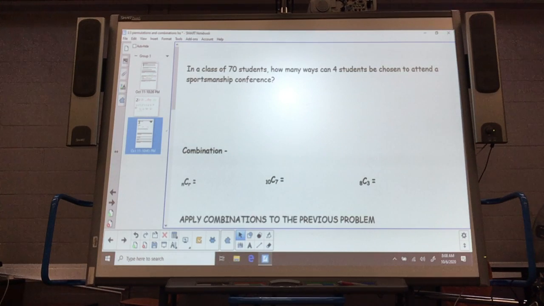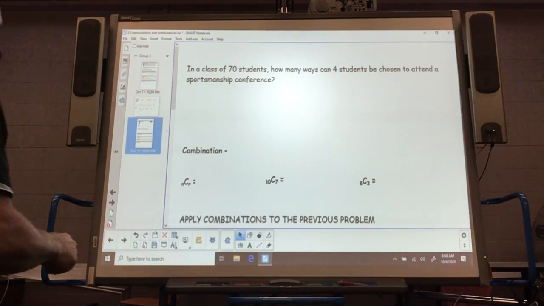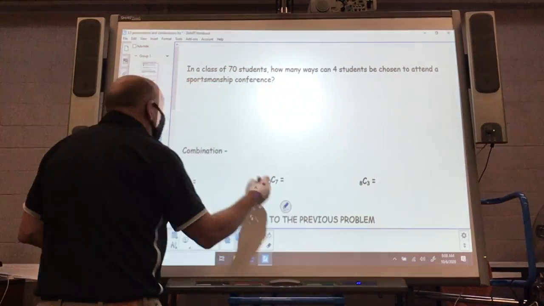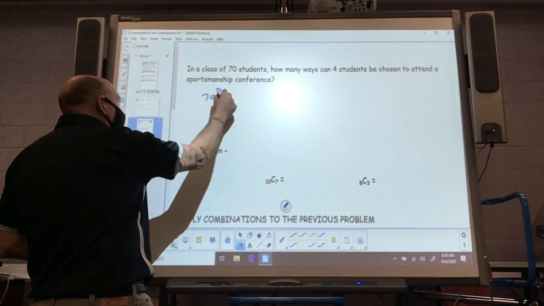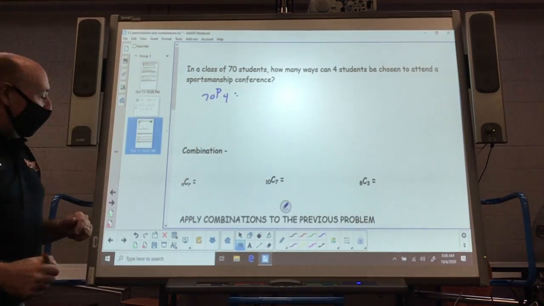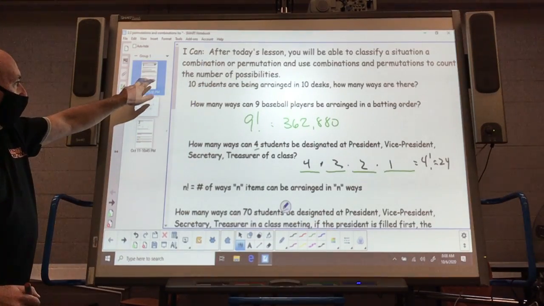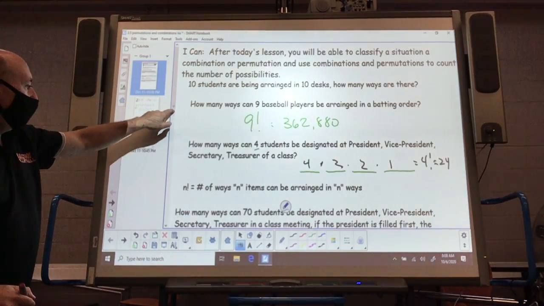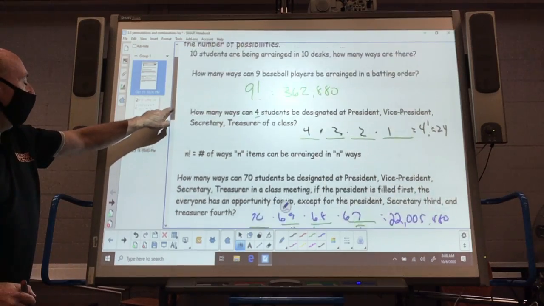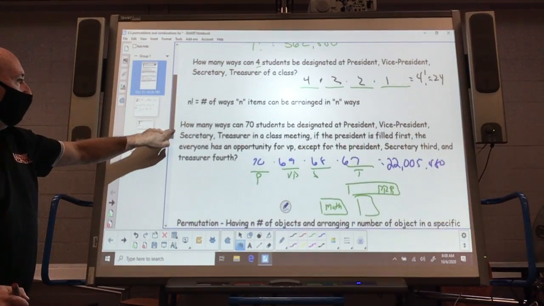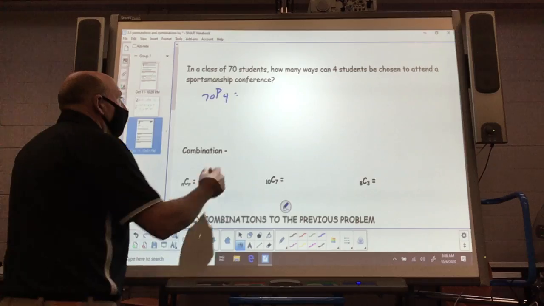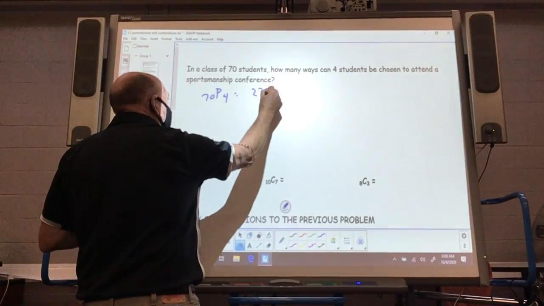Now, if we think about what we just did on the front, we did 70 P4, and we came down to a value, and that value was 22,580,480.